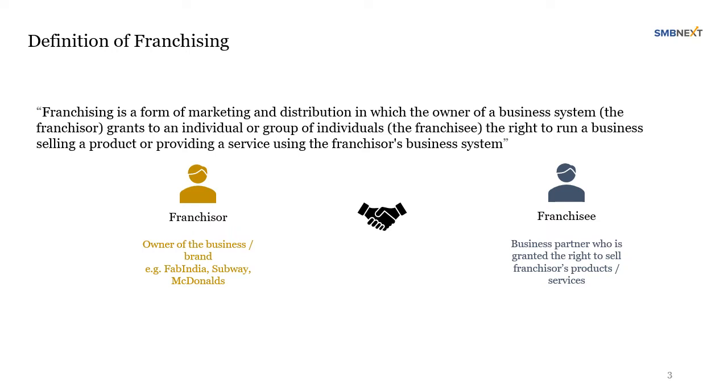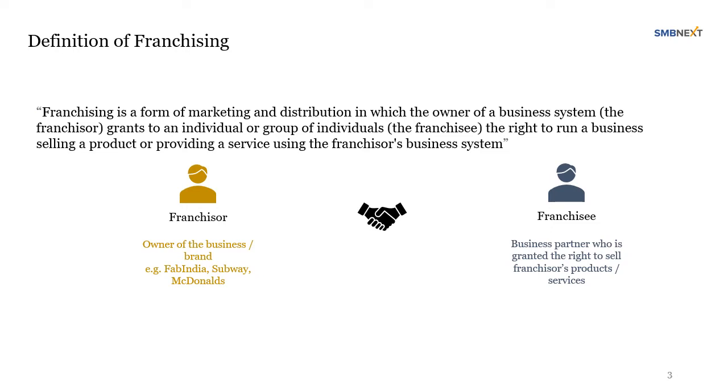So what is this agreement about? What are the key terms of these agreements? The first thing is, if I am opening a store as a business partner, as a franchisee, if I'm opening a store of Fab India, then I need to buy the right to sell the products of Fab India. So that's the first step.